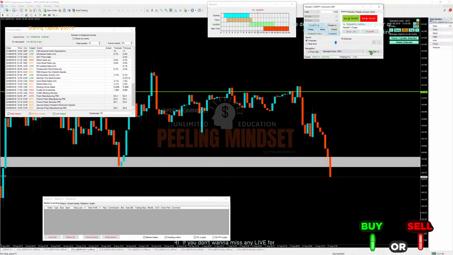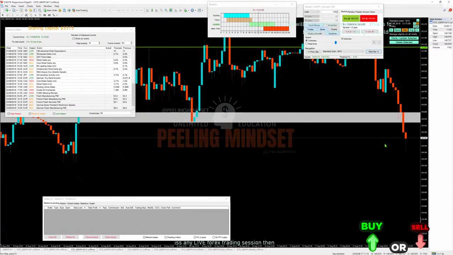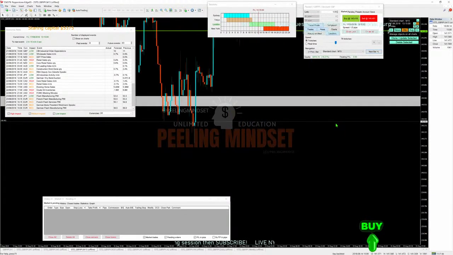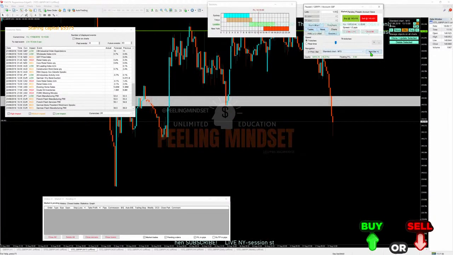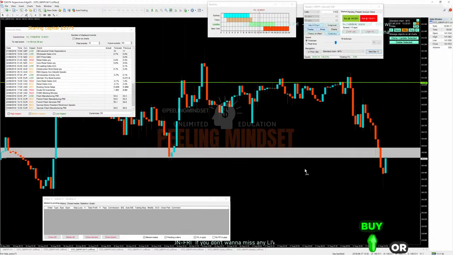Let's see. No funny setups taken. I need to see a proper setup. Let's see. Yep. Now this is good. This candle. Look at this. If you can see this, look at this.